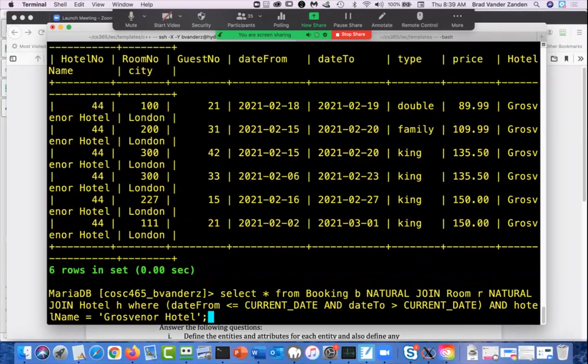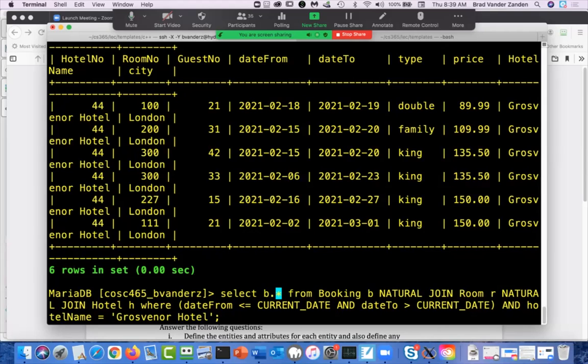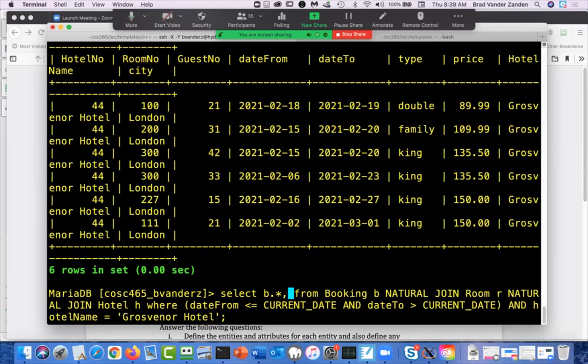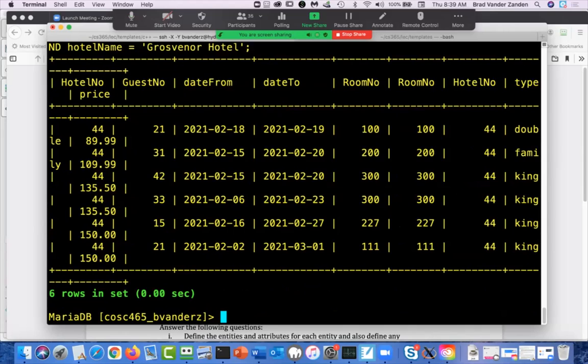So now what I'm going to do is get it from the booking and the room. Let's see here. See if this is what I want. Yes, but it's somewhat hard to see.